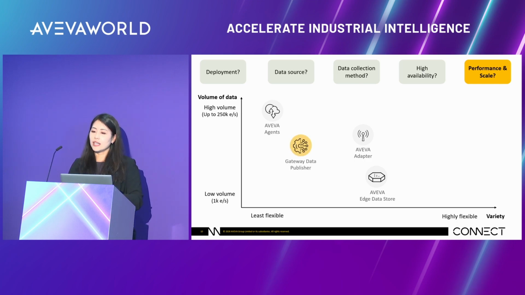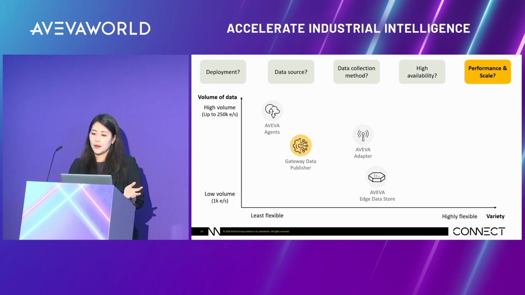So Gateway Data Publisher is an interesting one because it doesn't handle the same kind of data as the other products I just mentioned. But I wanted to show where it fits into the picture. So the publisher is primarily used to collect engineering data, which can be in the form of 1D, 2D, or 3D data. And so the volume of data really varies depending on where you're pulling that data from.